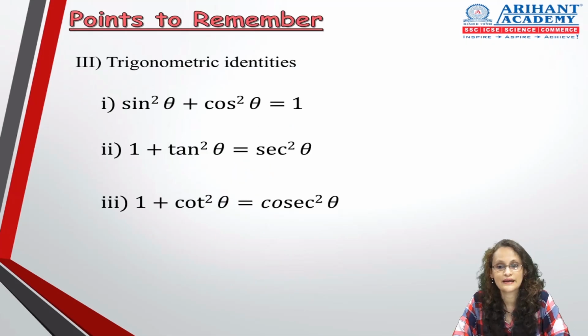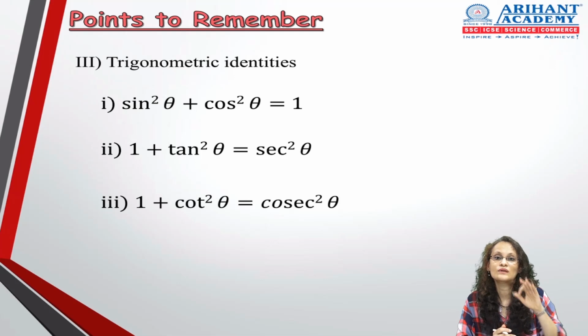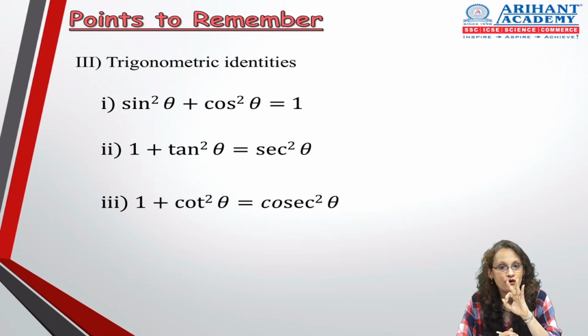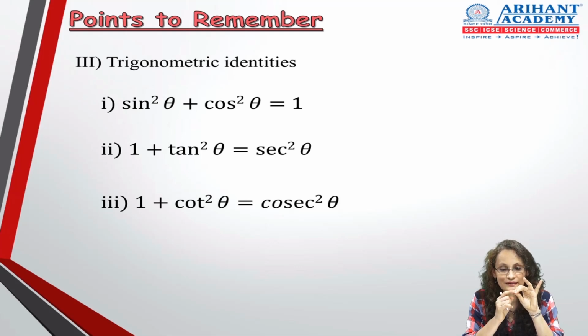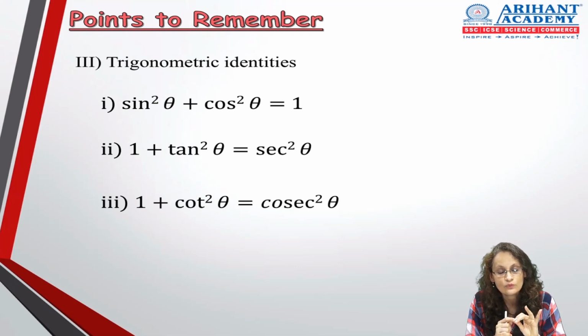The third header, which is trigonometric identities. I repeat, the third header, trigonometric identities. There are only 3 identities of trigonometry, only 3. First one, sin square theta plus cos square theta is equal to 1. I repeat, sin square theta plus cos square theta is equal to 1. The second one, 1 plus tan square theta is equal to sec square theta.